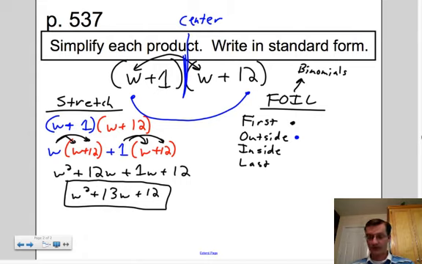The inside, well, I'm going to put that in red. If you think of that center, they're very close to the center. And then we'll put the last in green. First and last are talking about left, right. Outside, inside are talking about outside, inside, very far away from the center and very close to the center.